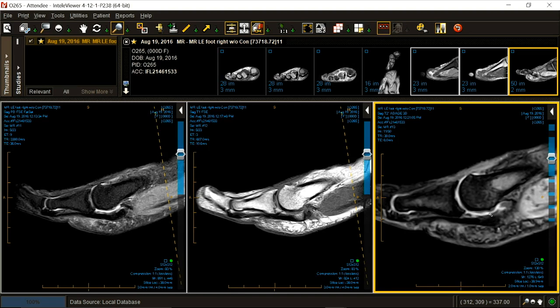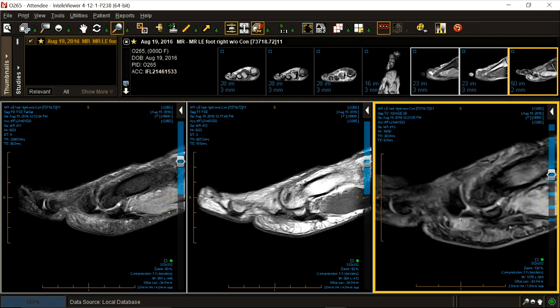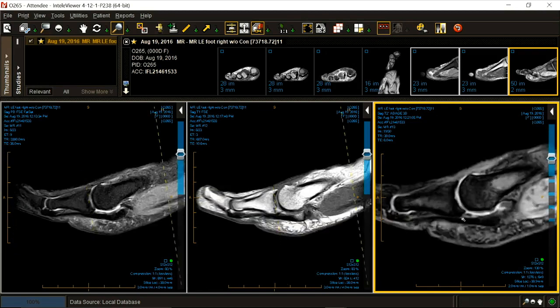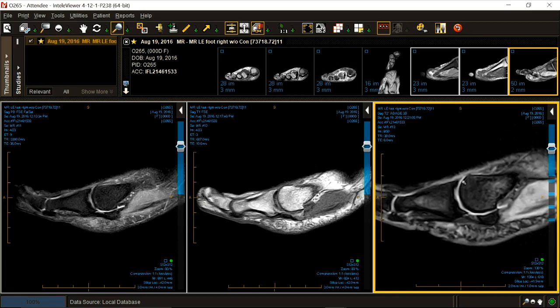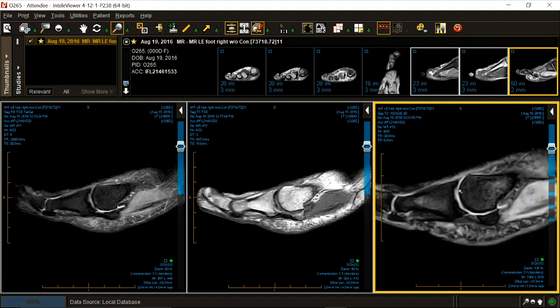My plate is consistent in its course. It's not wavy. And I can follow it from the medial side to the lateral side. So I can follow it all the way across. What about my articulation? It's a little bit of remodeling, but fairly preserved first MTP articulation.